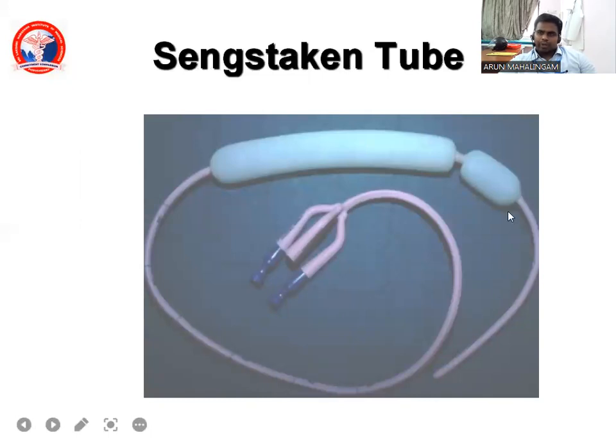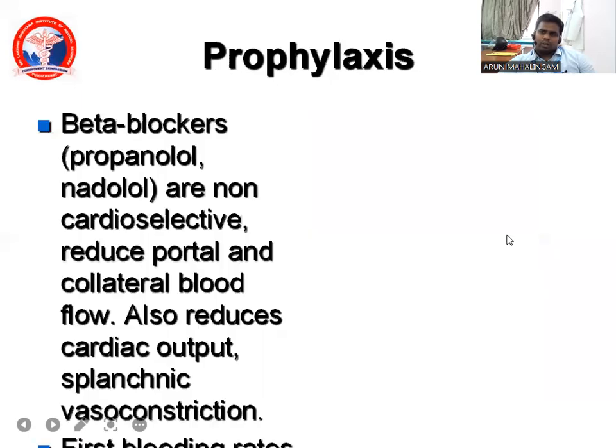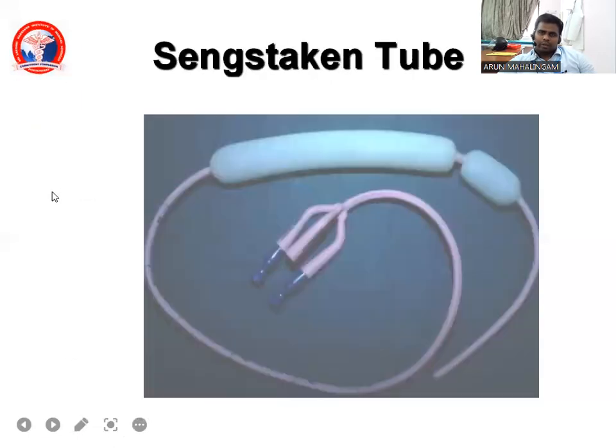This has 3 openings. This long part will be the esophageal balloon component, and this will be the gastric balloon component, and this further will be placed in the stomach and duodenum to take any aspirate. One tube is for inflating the gastric balloon and the other for inflating the esophageal balloon.